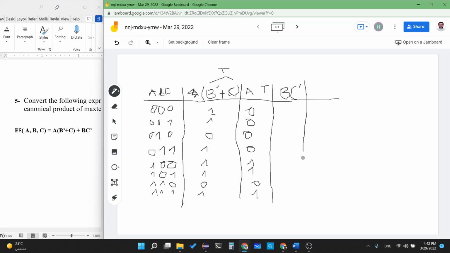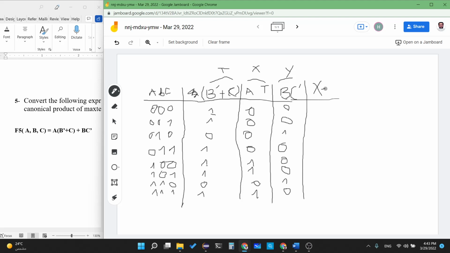For BC bar, you need B to be 1, so whenever B is 0, this is 0. Here it's 0, here it's 0, and here it's 0. And then you need C to be 0, so this is 1 and 0. And here, this is 1 and this is 0. Let's call this X. Let's call this Y.